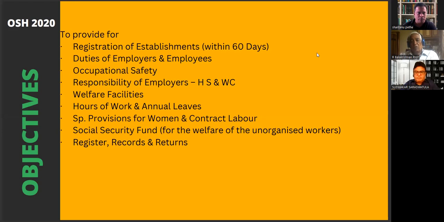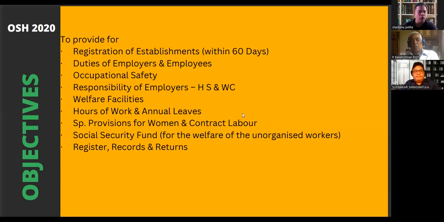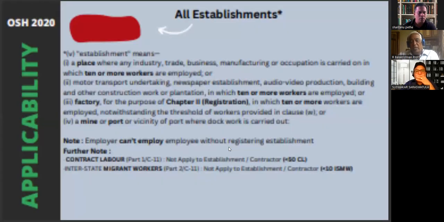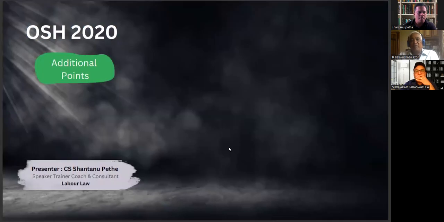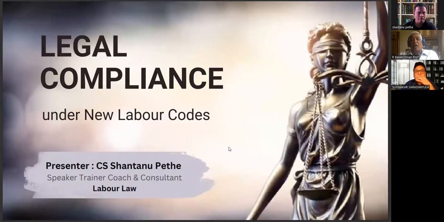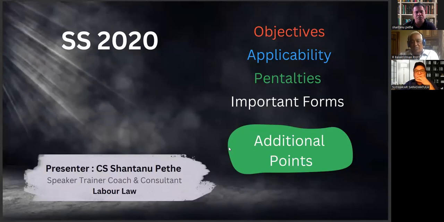Just a minute. Now, see the underlying point in this particular case, if we see the code which has now been introduced, it is basically in the interest of ensuring the safety and health of the employees working in the organization.